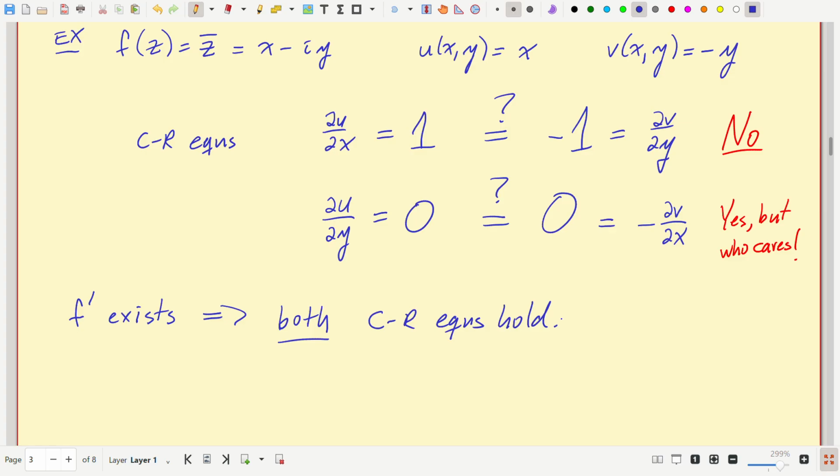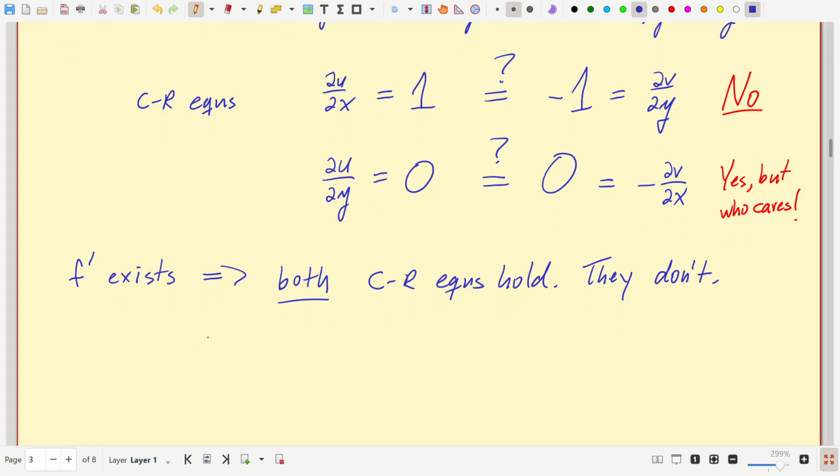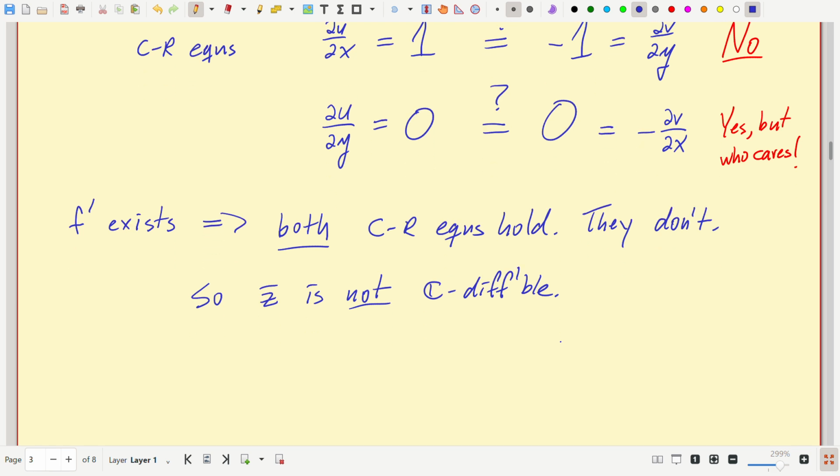They don't both hold. So f is not complex differentiable. So z bar is not C differentiable. So that's one use of the Cauchy-Riemann equations. It gives you an easy test. Let's do another example.